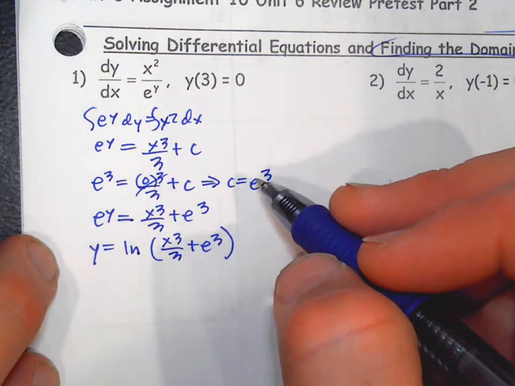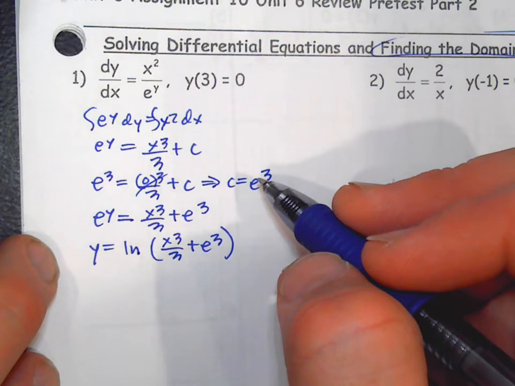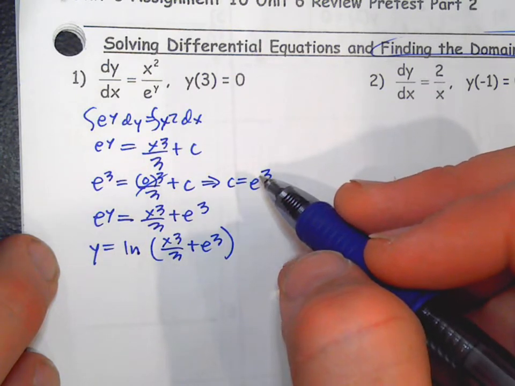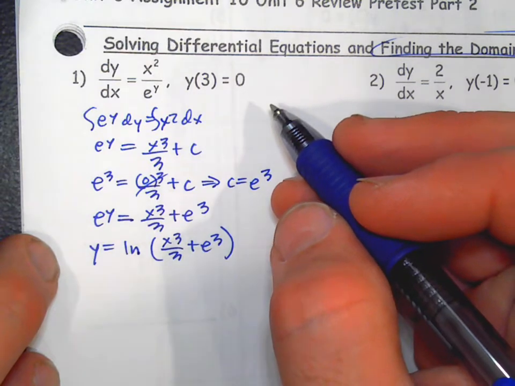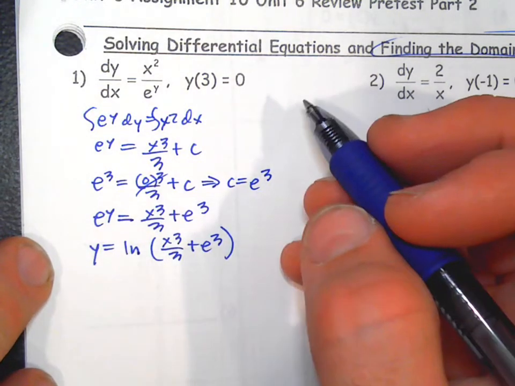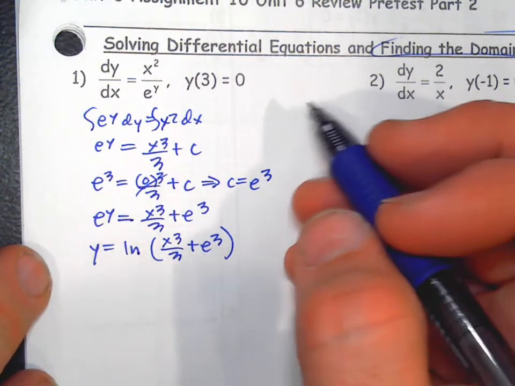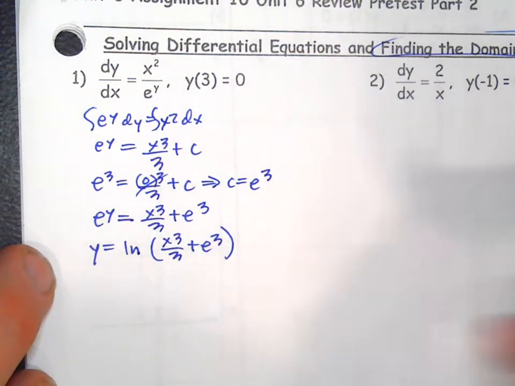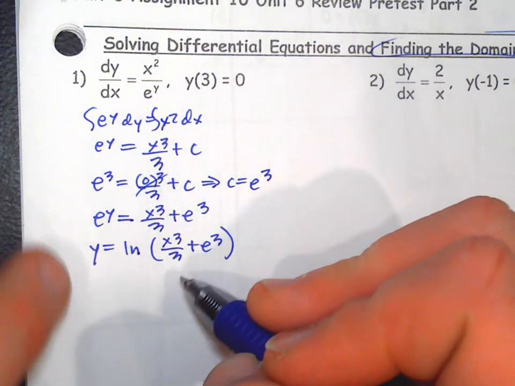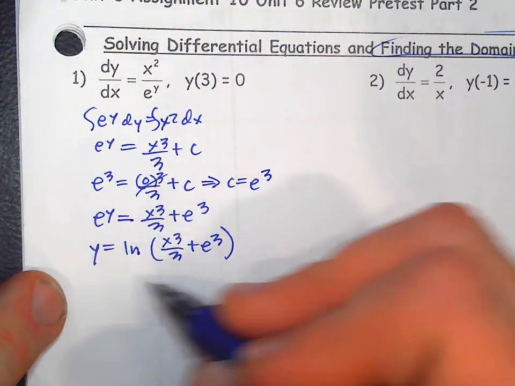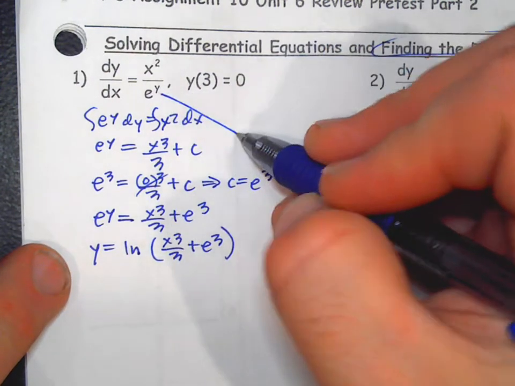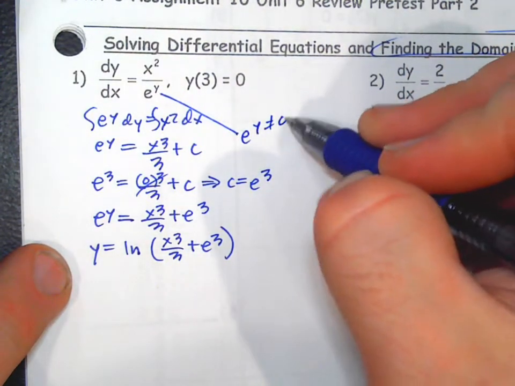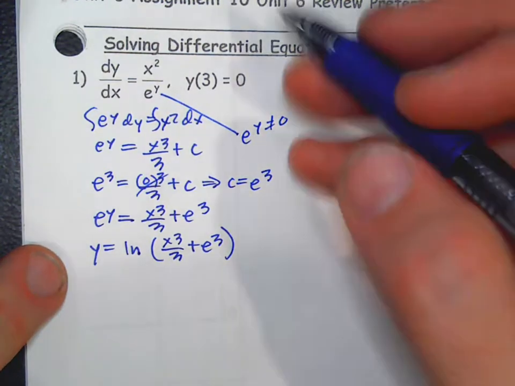Let's see, just make sure I did this correctly. Yeah, okay. My solutions, I wrote something different. So, okay, let's keep going. So, domain: e to the y should not be allowed to equal 0, which is just impossible, so we're good there.